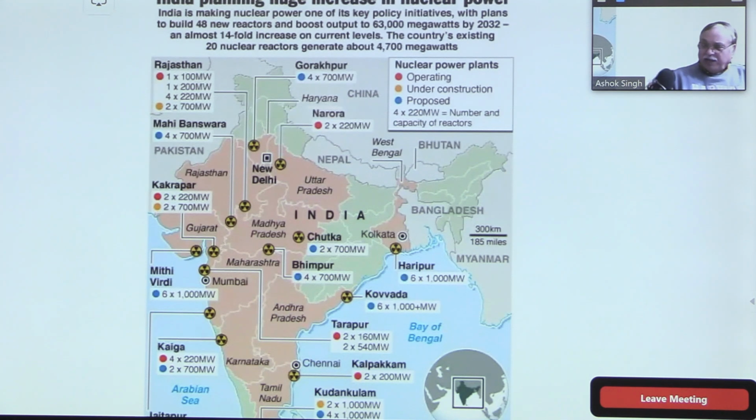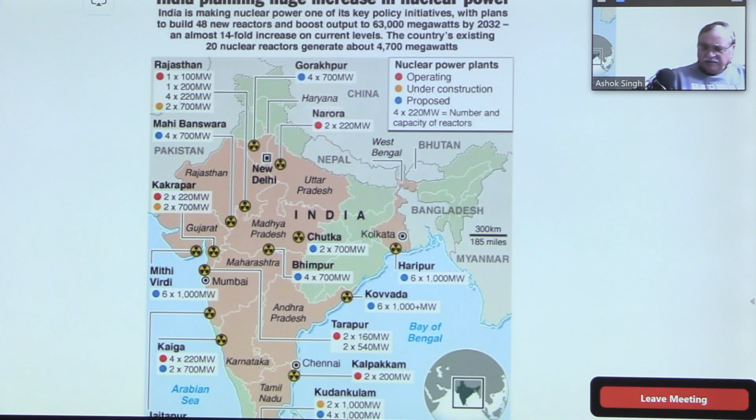There's a proposal to have a nuclear power station in Gorakhpur in Uttar Pradesh also. But this is again a proposal at the moment. So a large number of reactors throughout the country.